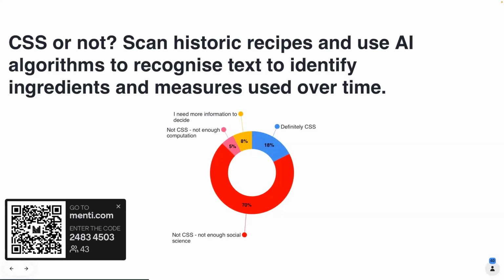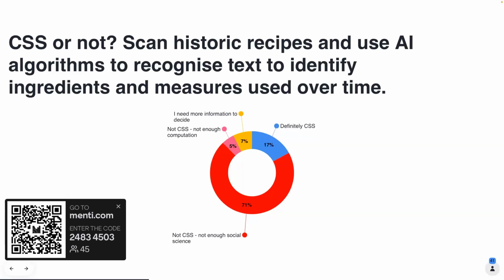You can see how it could be a social science question, but if we're just talking about maybe the proportion of natural foods that people are eating over time, that actually could be more of a biology question. So yeah, I would tend to agree with the majority here that there's not enough social science in here for us to say that it's definitely CSS.